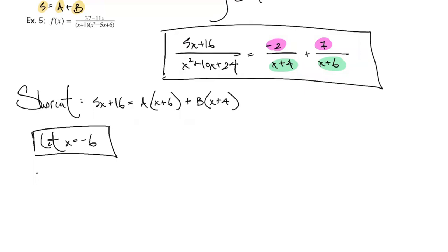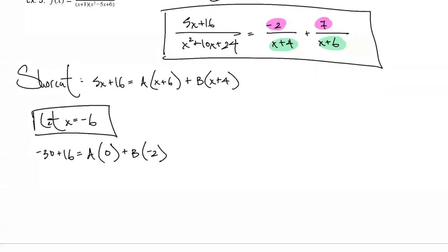We get -30 plus 16 equals a times what? 0. Oh, that's nice. Plus b times what? -2. Okay. So if I add what I have on the left-hand side, I get negative 14 equals negative 2b. All right, what's b equal? 7. Perfect.